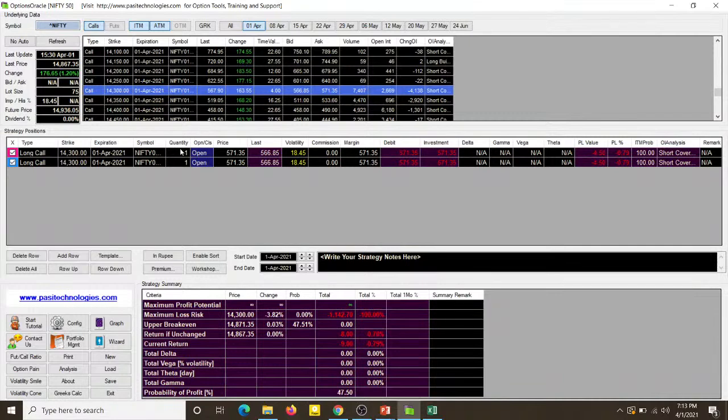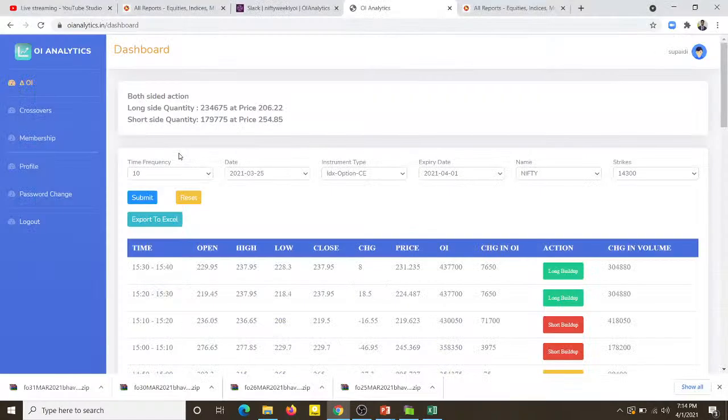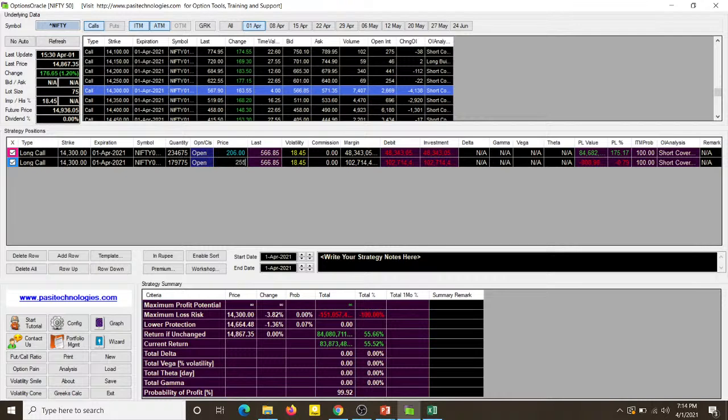So now what I'll do, I'll update the quantity here, 234,675 at a price of 206, right? Now the remaining 179,775 at 255. Fine. So this is the positions that I have from this strike price.